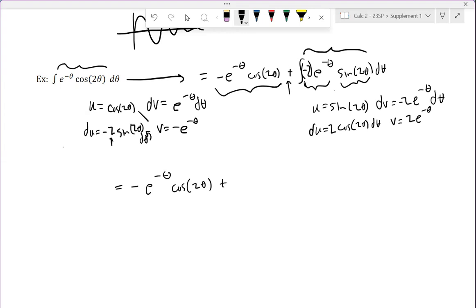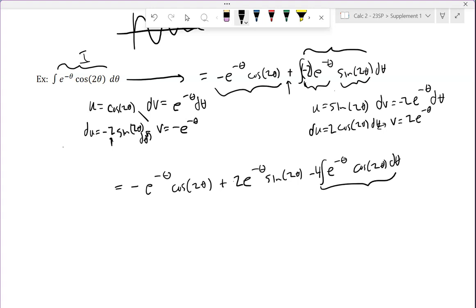And then I need plus uv, 2 e to the minus theta sine of 2 theta, minus integral v du. So minus 4 e to the minus theta cos of 2 theta d theta. And I now see that I have exactly the integral that I started with.